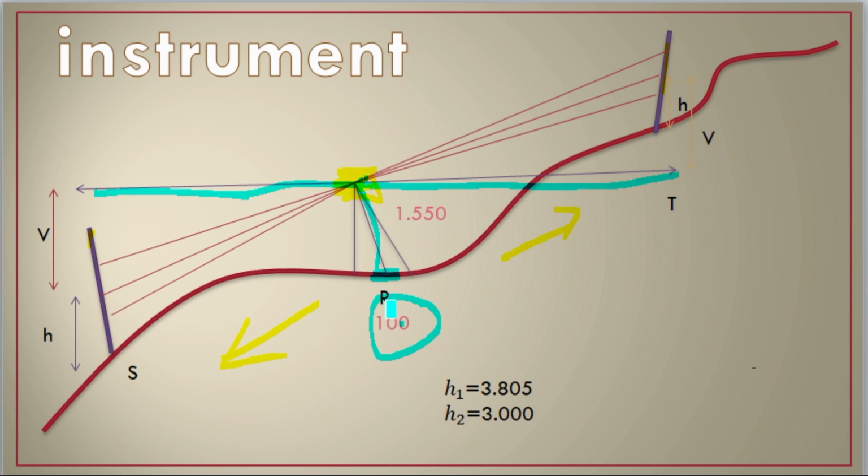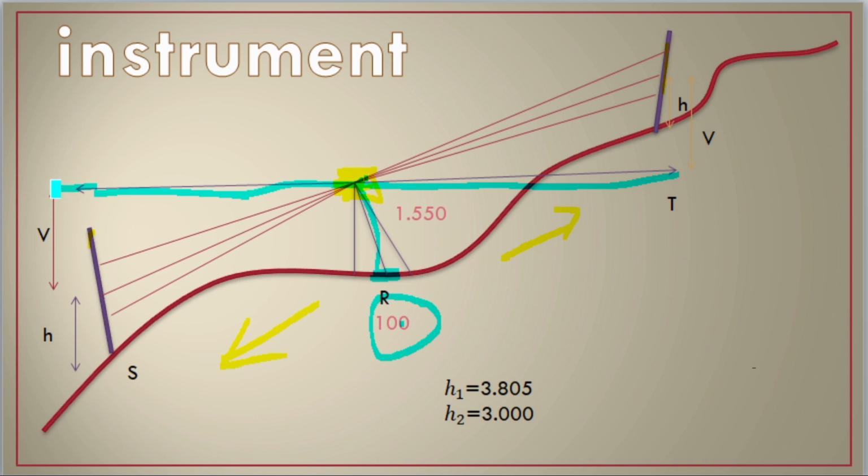So by adding that, we get the line of collimation of both the 2 points. They had a constant, so the line of collimation was the same. So the line of collimation goes to this distance.